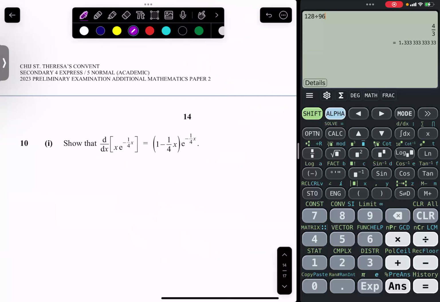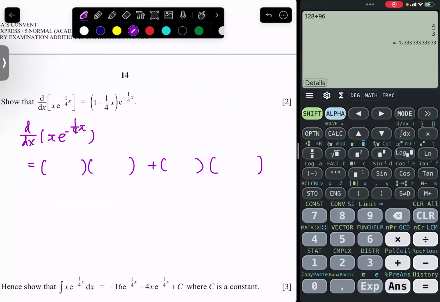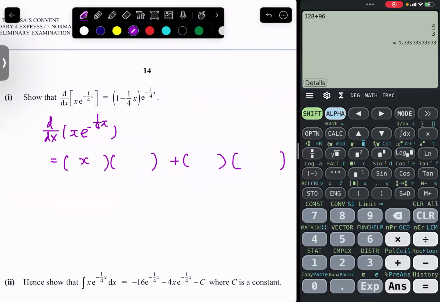So product rule, right? d/dx of x e to the negative 1/4 x equals x times negative 1/4 e to the negative 1/4 x plus e to the negative 1/4 x times 1.